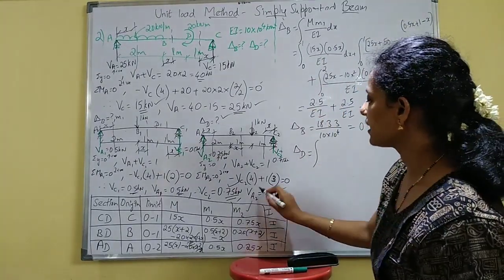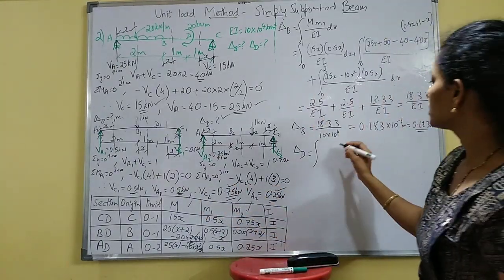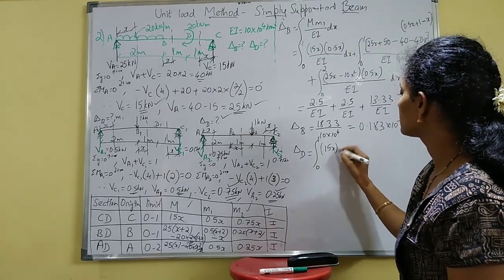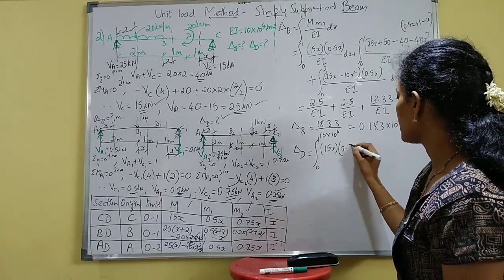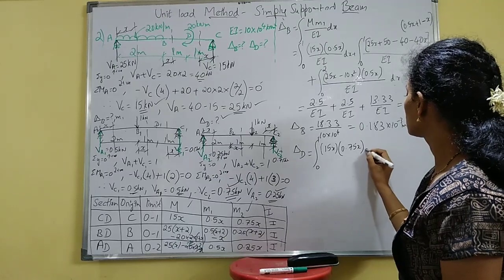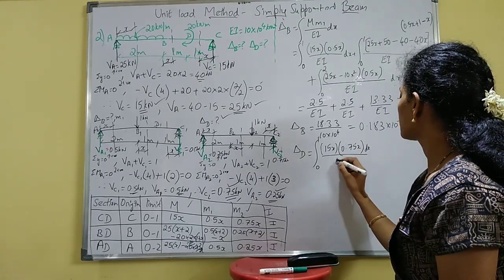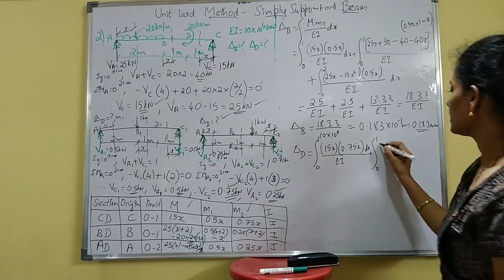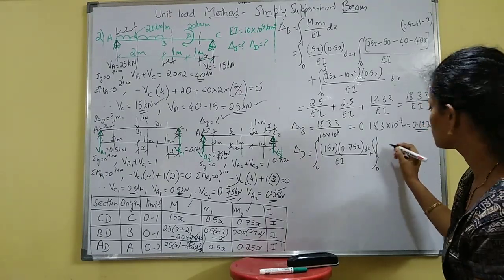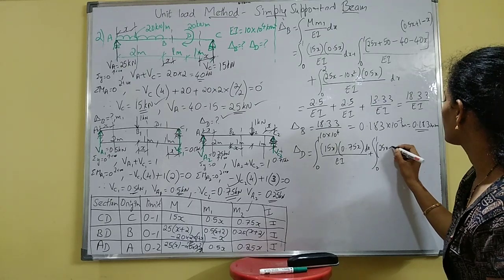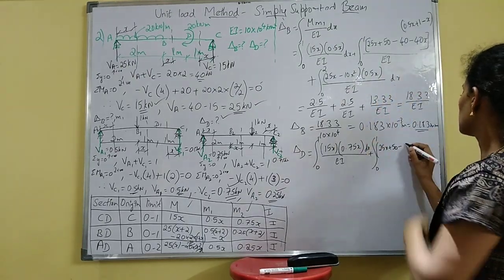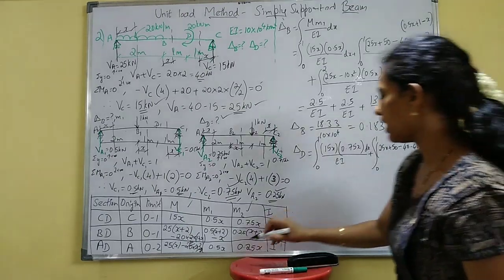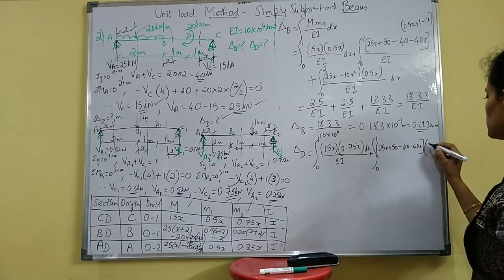Here you have to consider M and M2. So you will have M as 15x, 0 to 1 limit, and this you will have 0.75x dx by EI plus 0 to 1, you will have 25x plus 50, same thing, 40 minus after simplification, and this you will have 0.25 into x plus 2.